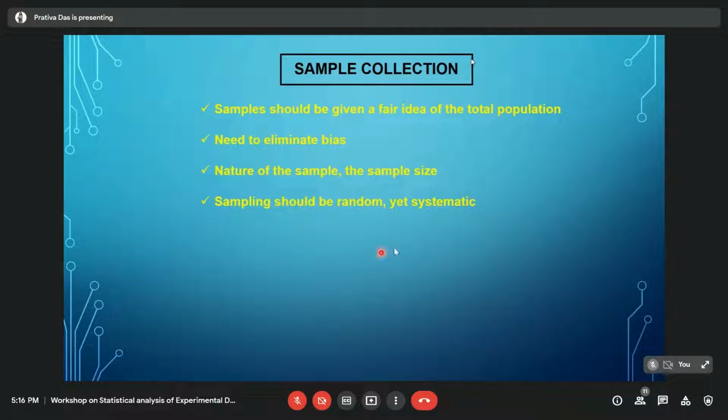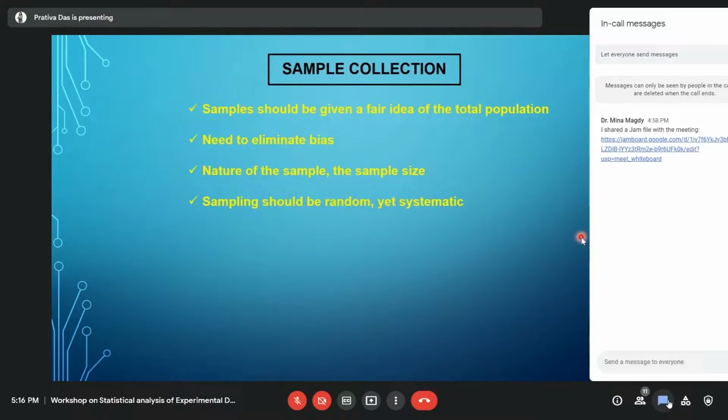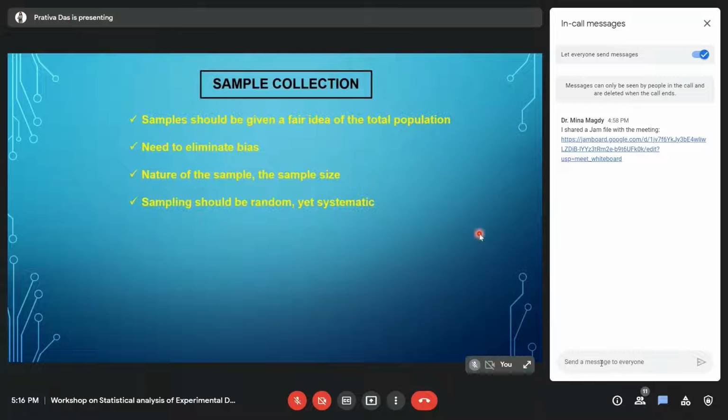So before going further, I would like to emphasize some other points. The major point when you are doing any statistical analysis is sampling. The sample you are using for any statistical analysis should be a fair sample.